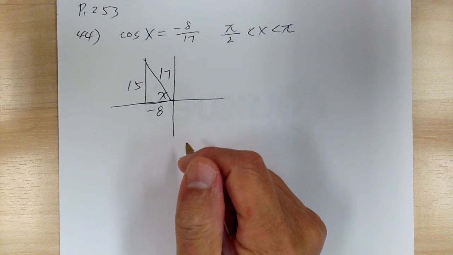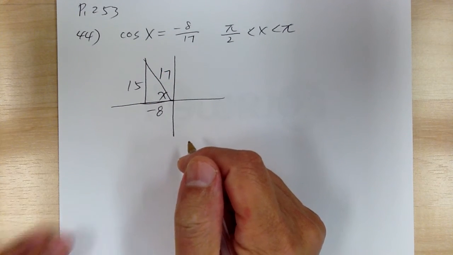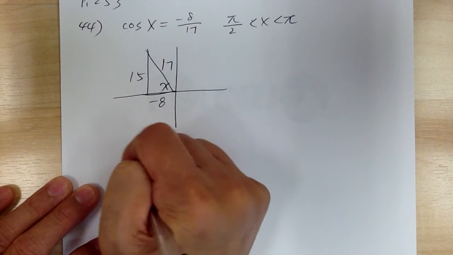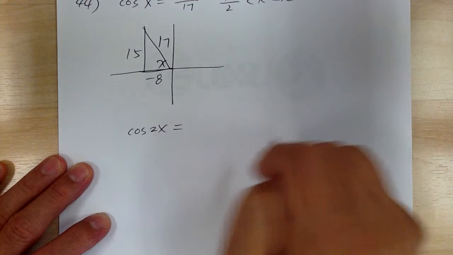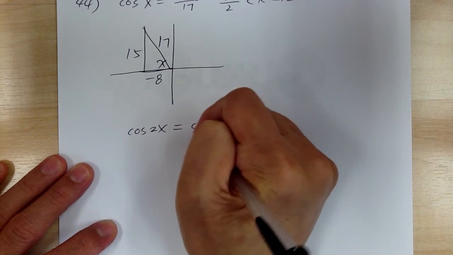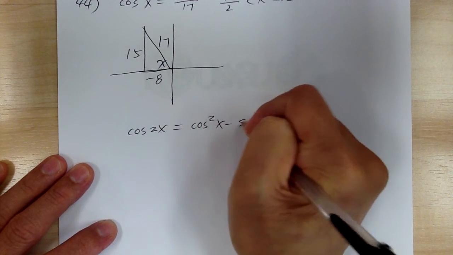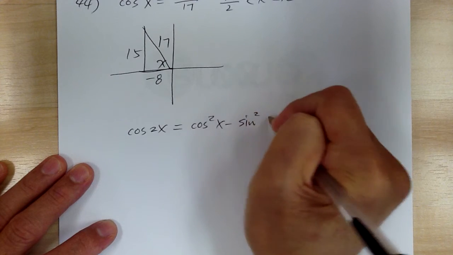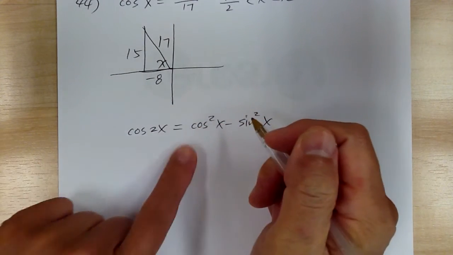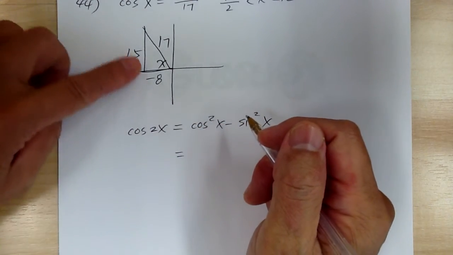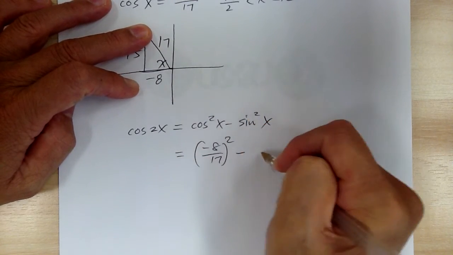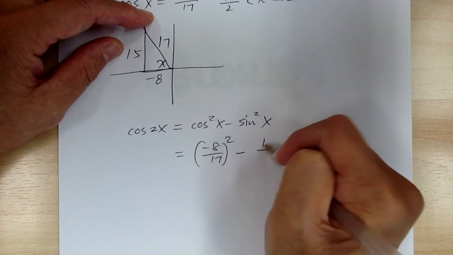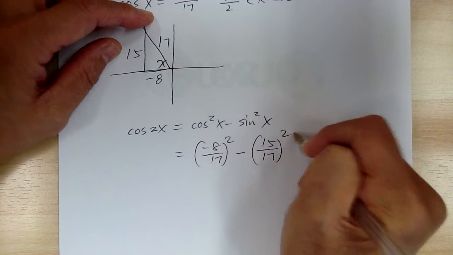So now you have to figure out the sine 2x, cosine 2x, and tangent 2x. So you have to use your identity. So cosine of 2x, again, write out your identity. So this is equal to cosine squared x minus sine squared x. So cosine x is going to be negative 8 over 17 squared. Sine is 15 over 17 squared, right?